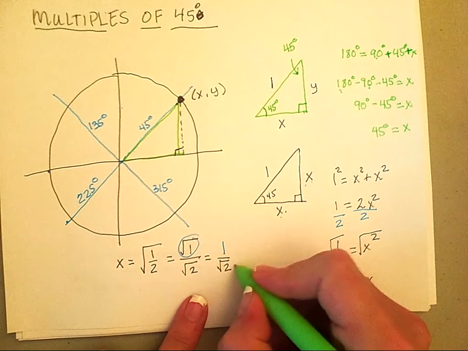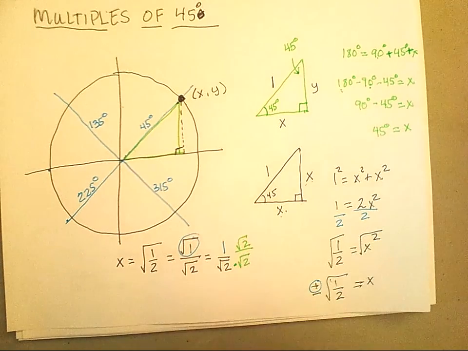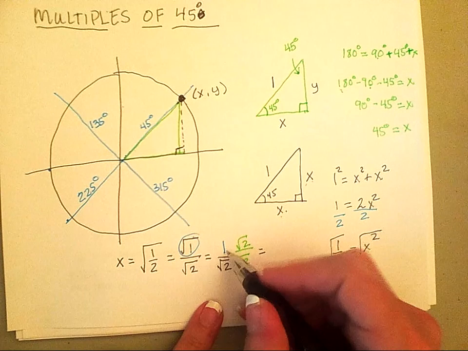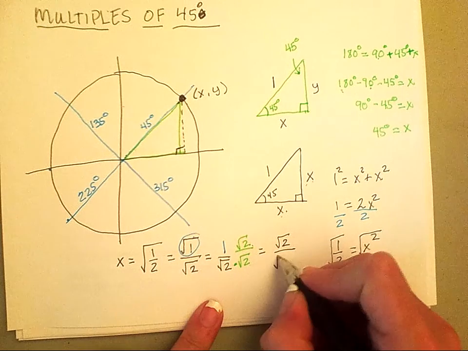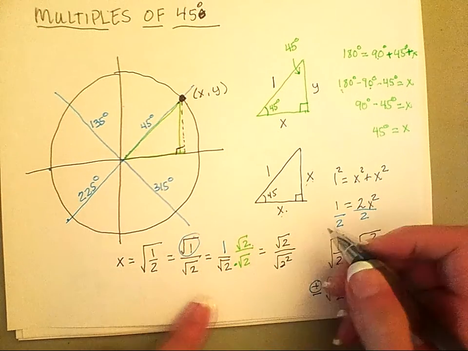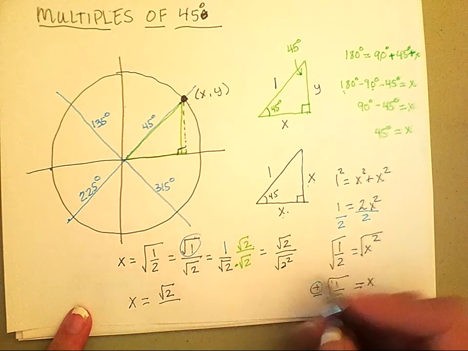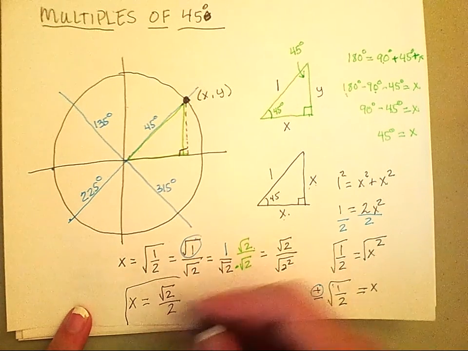And now we'd like to rationalize this. So I could multiply by the square root of 2 over the square root of 2. So 1 times the square root of 2 is the square root of 2. Square root of 2 times square root of 2 is square root of 2 squared. So now x must be equal to the square root of 2 over the square root of 2 squared, and the square root of 2 squared is just 2.